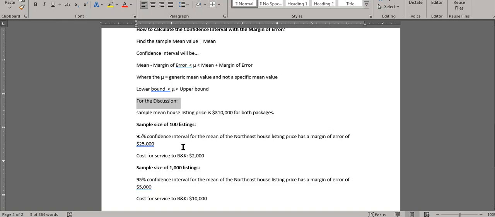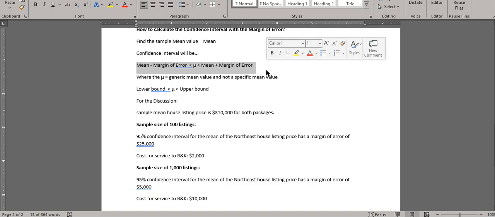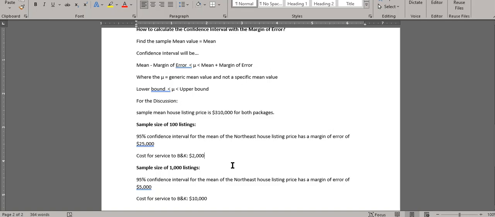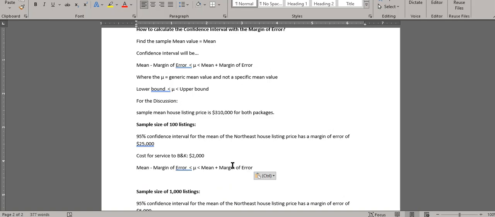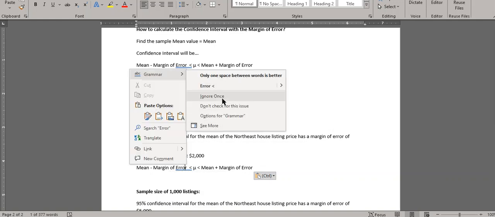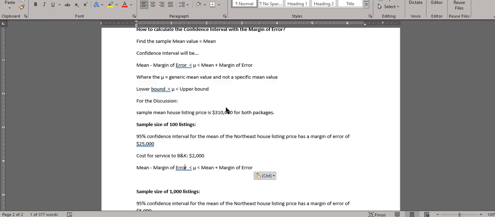So what we have here is when we want to calculate the confidence interval in both of these cases. Let's do it for 100 listings.